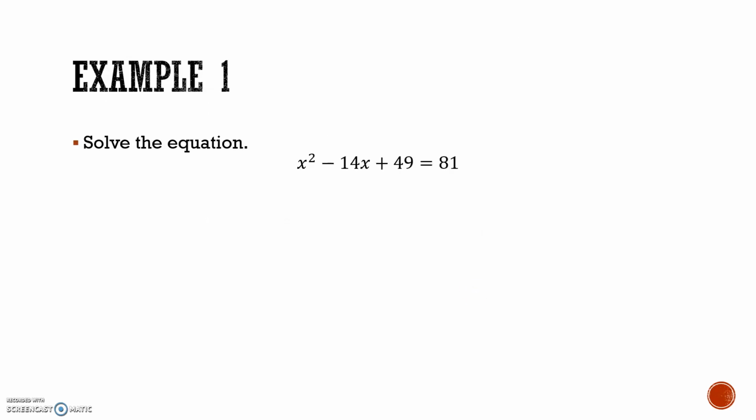So first, let's look at a problem where the last term, or the constant, is already a perfect square, because if I take the square root of 49, I would get 7. So I can go ahead and factor this. If you want to see it with two sets of parentheses, it would look like this.